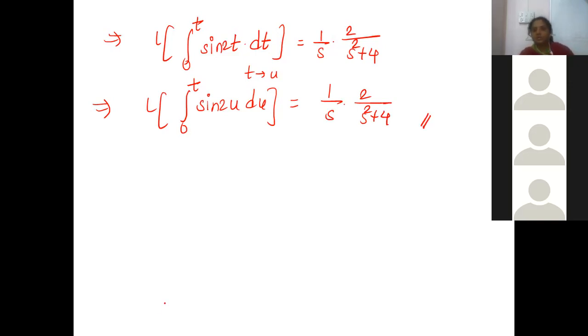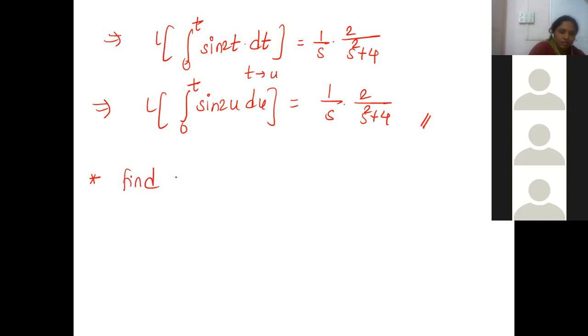It is very easy, just divide by s. If you are taking the integration, just divide by s on the other hand side. Done. Is there any doubt? Please ask. No doubts? Consider the next question then.